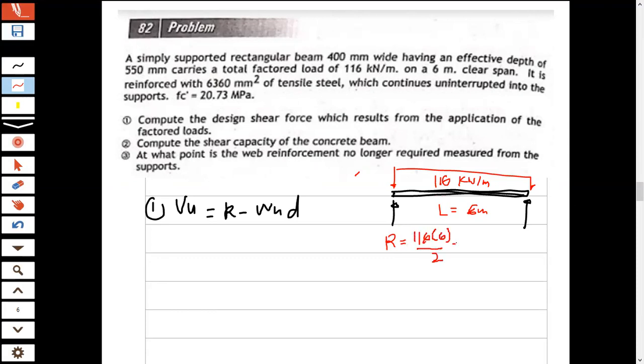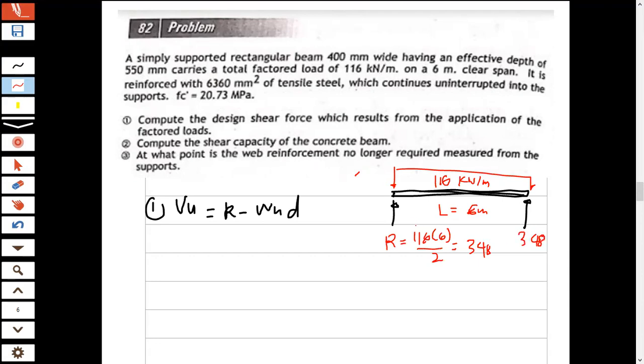Okay, 116 times 6 over 2 is equal to, calculator. Okay. 348. If this is 348, this is also 348.